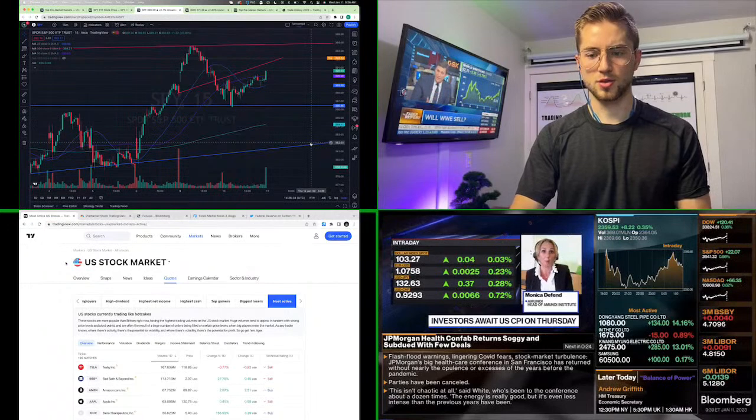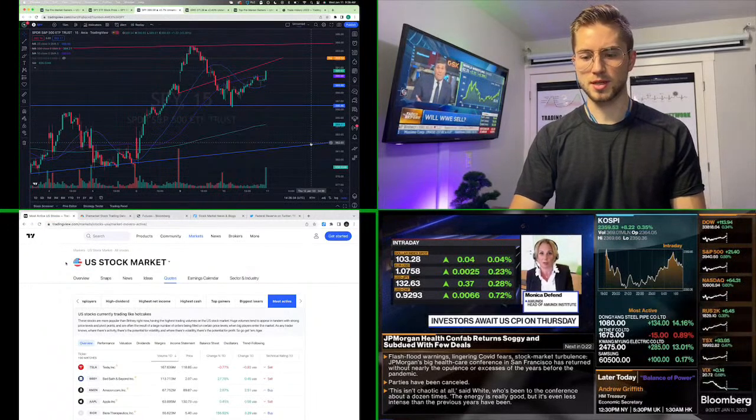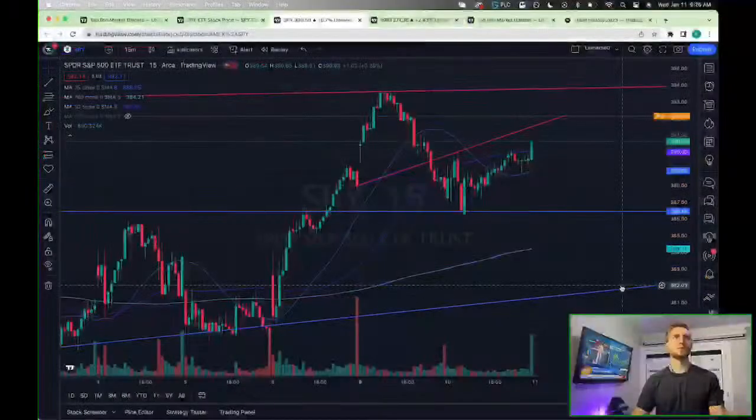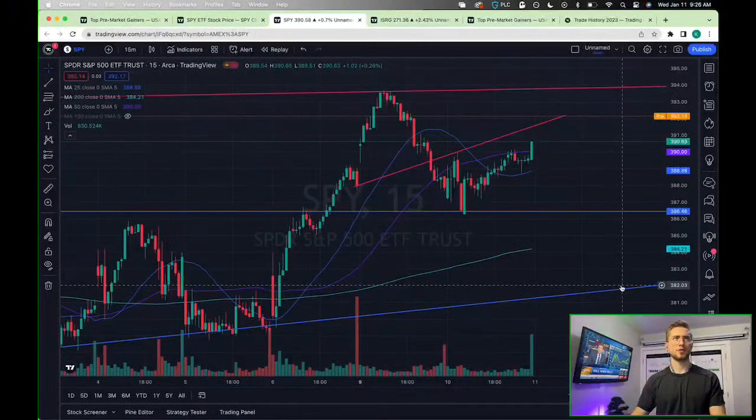Let's take a look at Newmont. Newmont's coming in nicely. We're going to fill at that cover at around the 53 level on Newmont.